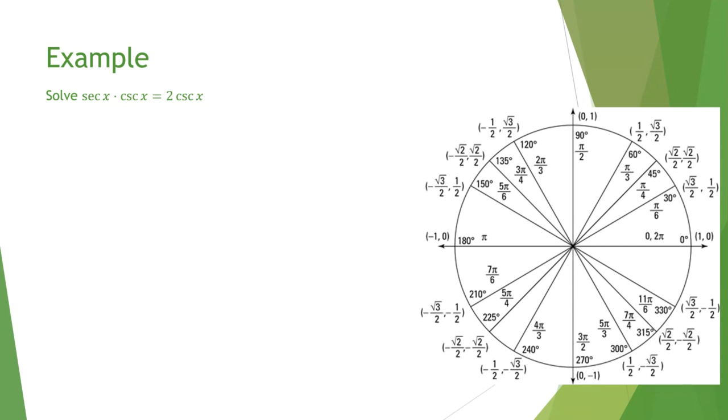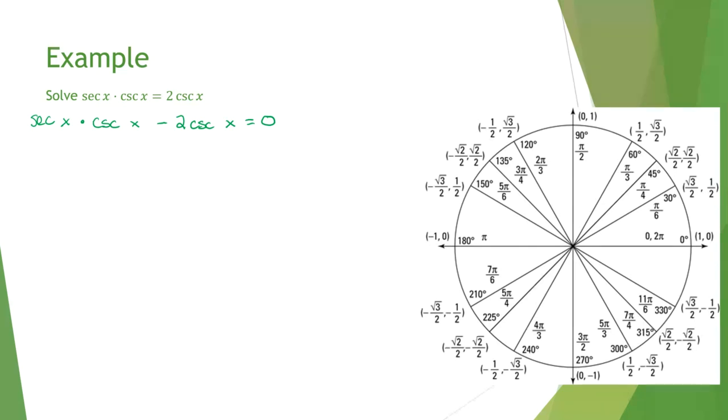So I'm going to subtract the 2 cosecant of x from both sides. So I have secant of x times cosecant of x minus 2 cosecant of x equals 0. Now, I only know what to do here because I've done lots of these.